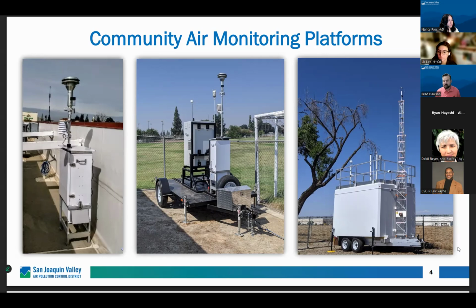It does have some gas measurements in it, CO, NO. I think some of them have H2S and SO2 in it, depending on the sites, as well as paired with the PM 2.5. And on the right is our trailer that is at Malaga Elementary that has the most robust amount of equipment that we have in it.